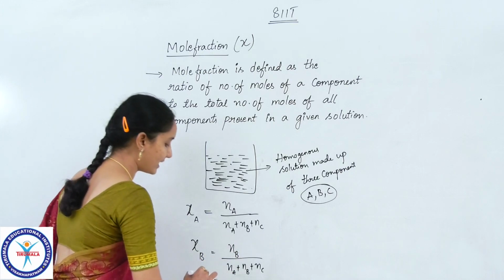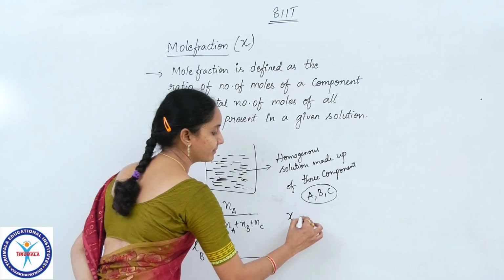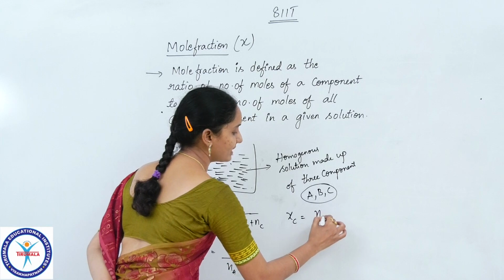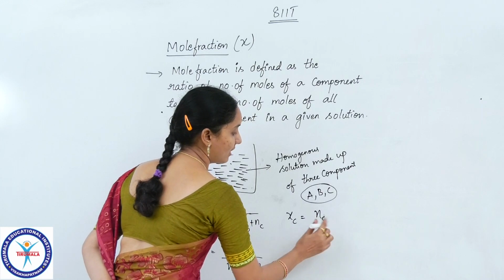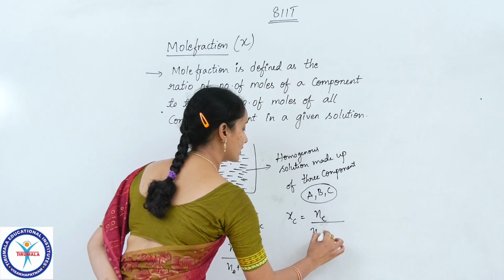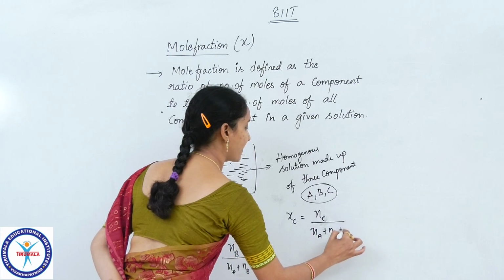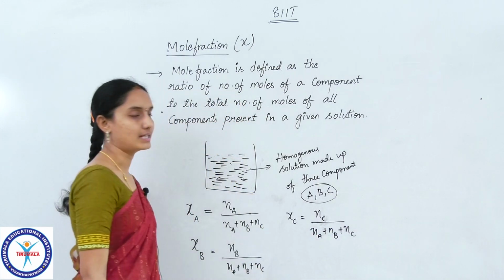If you want to calculate the mole fraction of C, then number of moles of C divided by number of moles of A plus number of moles of B plus number of moles of C again.